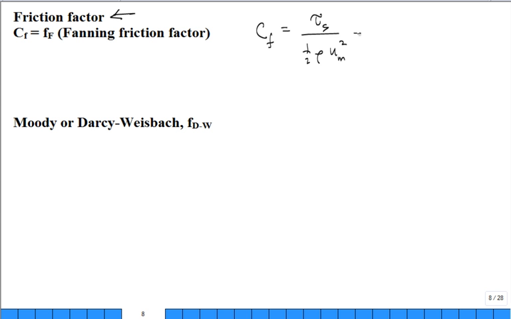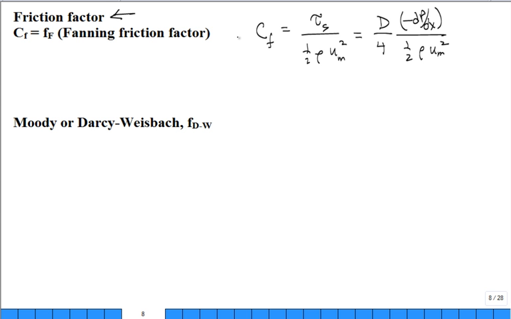Well, I can now replace what I had for the shear stress at the wall. Wasn't that d divided by 4 times minus dp dx? Sure. And then the rest of the equation, 1/2 rho u mean squared. And so this is our equation for C sub f.